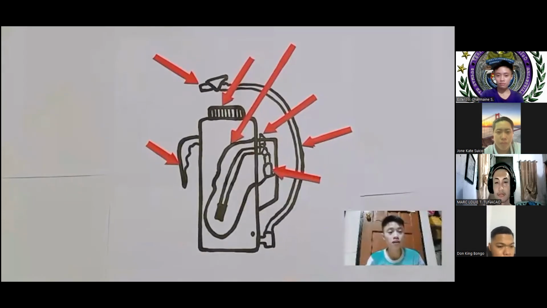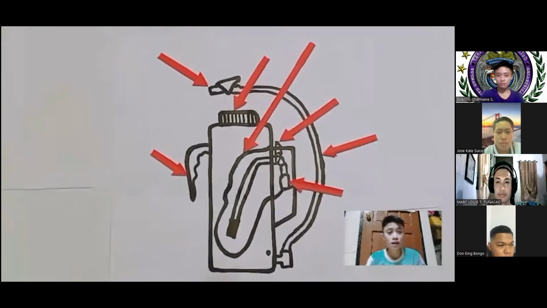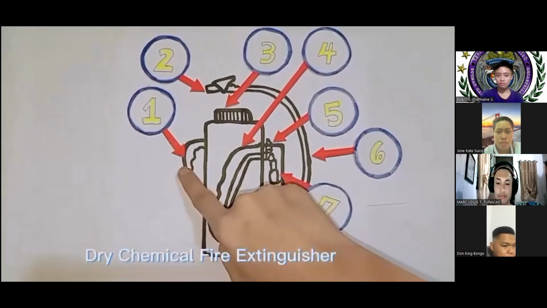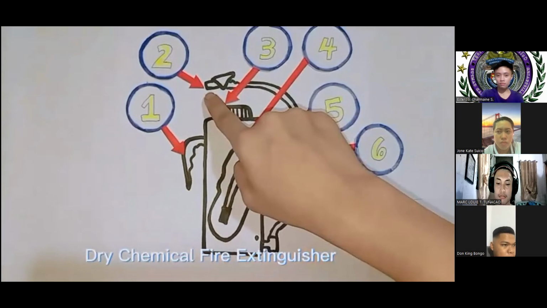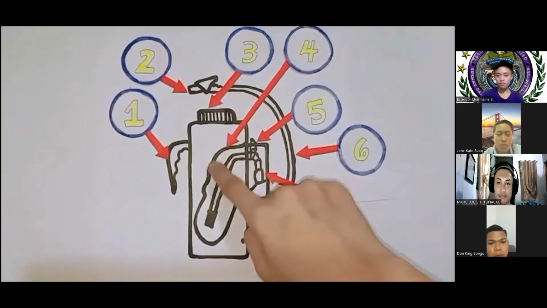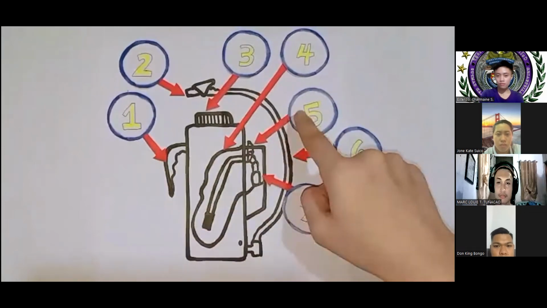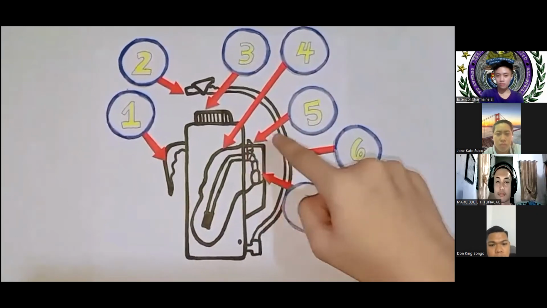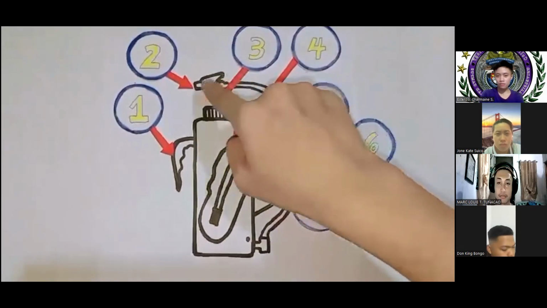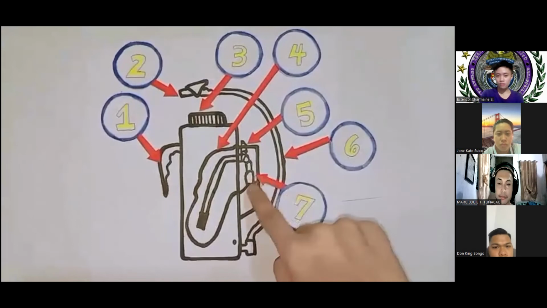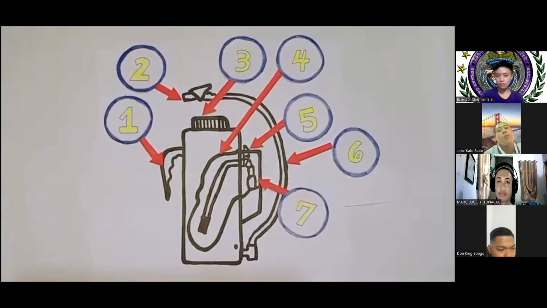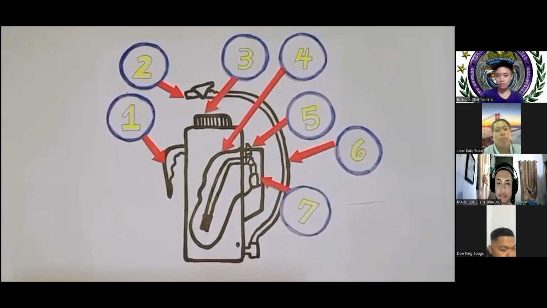And now let's talk about the dry chemical fire extinguisher and its parts. Number 1, the carrying handle. Number 2, the nozzle. Number 3, the cup. Number 4, the shell. Number 5, the cartridge puncturing lever. Number 6, the hose. And number 7 is the carbon dioxide cartridge. There are 7 complete parts of a dry chemical fire extinguisher.